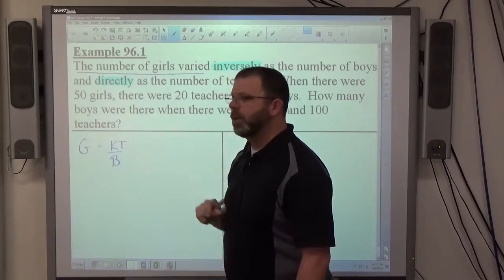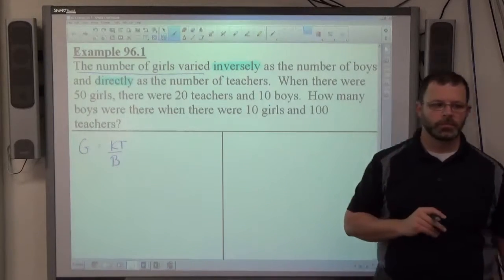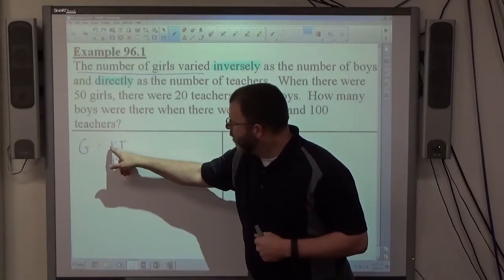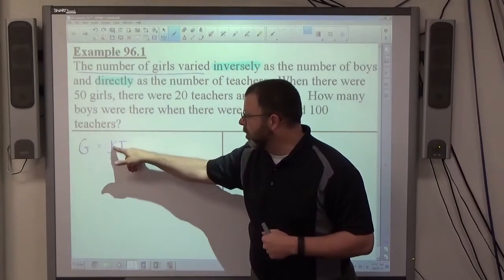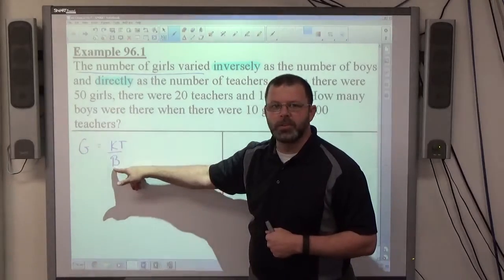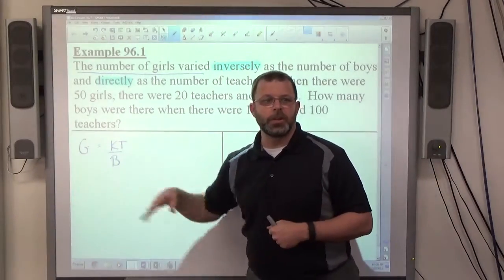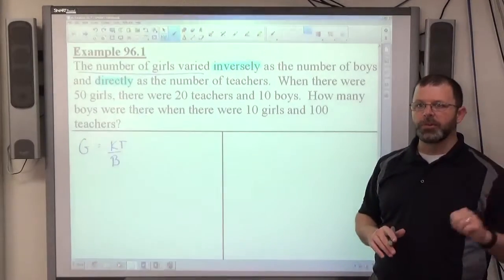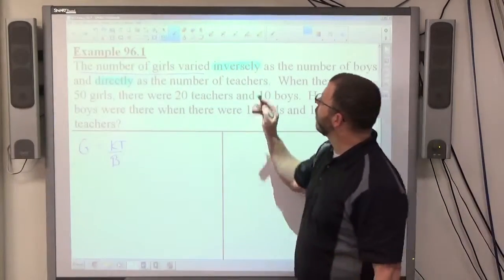Directly as the number of teachers, that's multiplication. You don't make up a separate one for each, you put it all together into the same expression. Teachers are multiplied, boys are divided, and girls equals everything. That gives me 4 variables, 3 of which should be known at one moment in time.